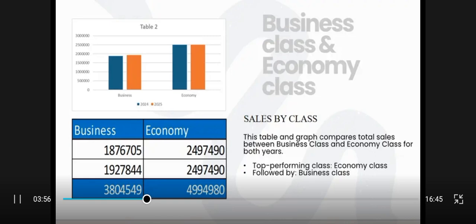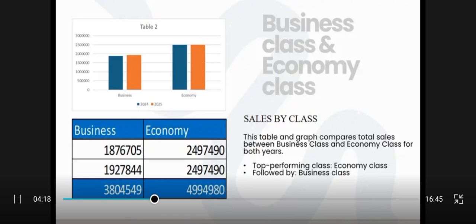For business class, it is 1,876,705 for 2024, plus 1,927,844 for 2025, and that's a total of 3,804,549.